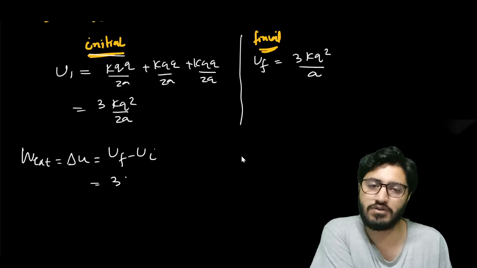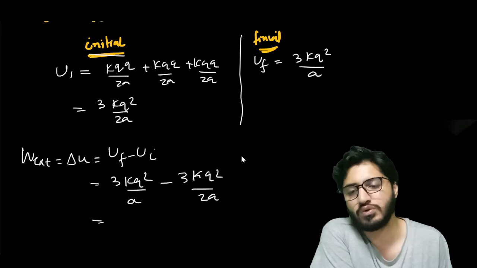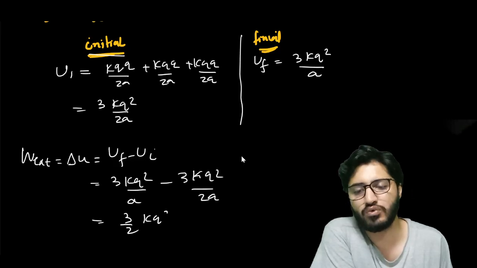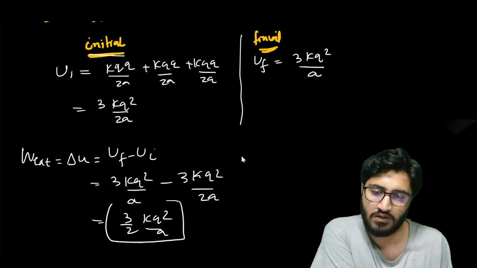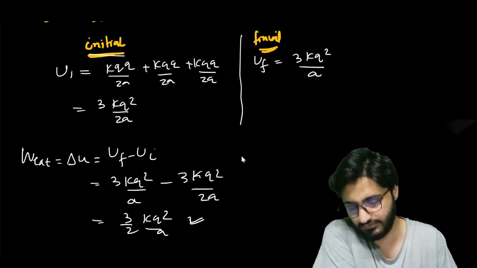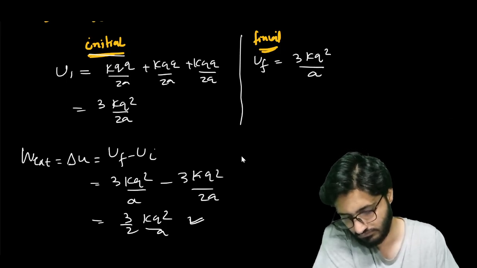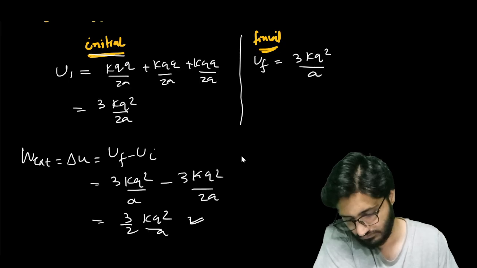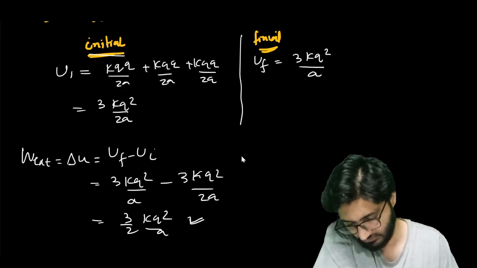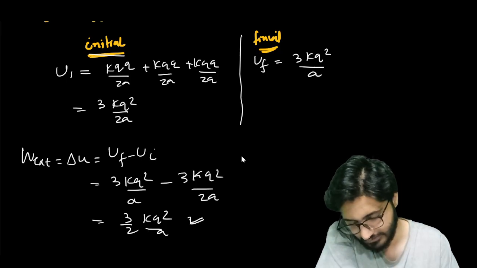U final is 3KQ square by A. Initial is KQ square by 2A, sorry, 3KQ square by 2A. So it will be 3 by 2 KQ square by A. This is my answer.